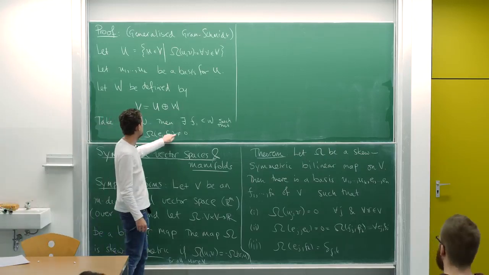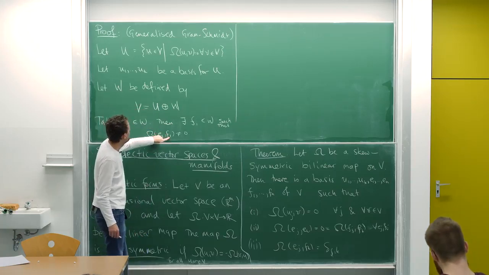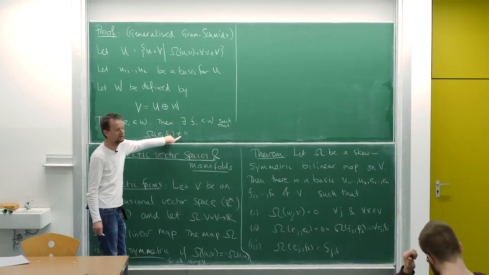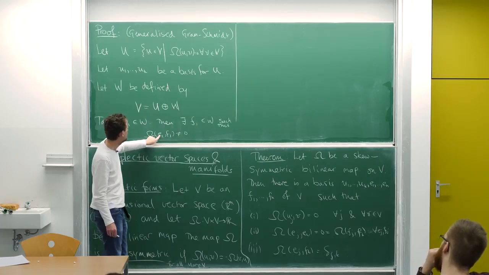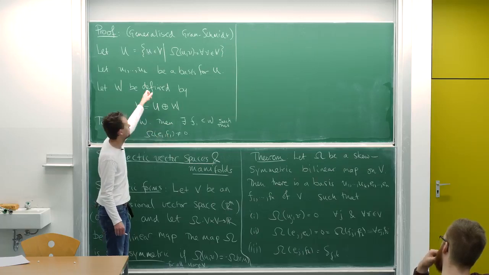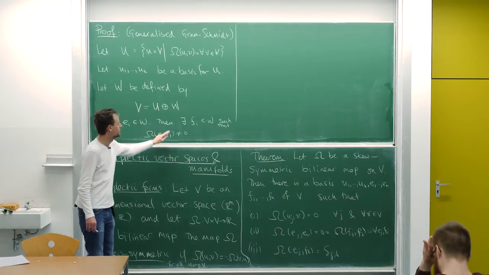Why does it definitely exist? Well, if there was no F1 that evaluated to not 0 in W, then that would mean that E1 had a 0 inner product or skew symmetric product with every vector in W and therefore belongs to U. So F1 is there, it's out there, find it.